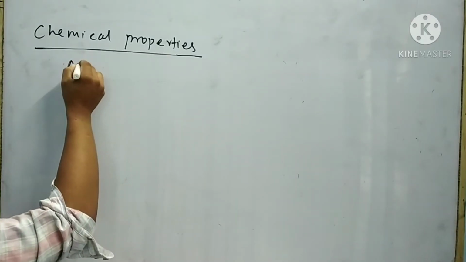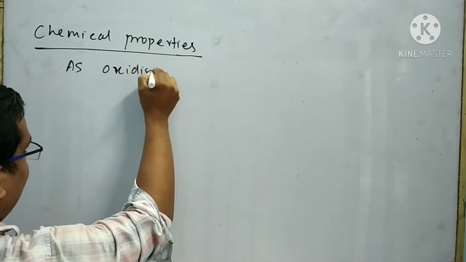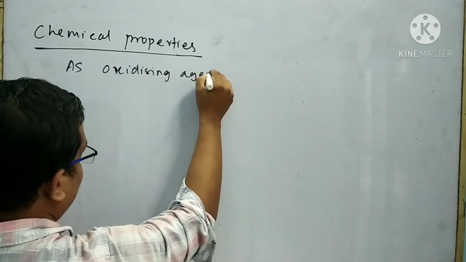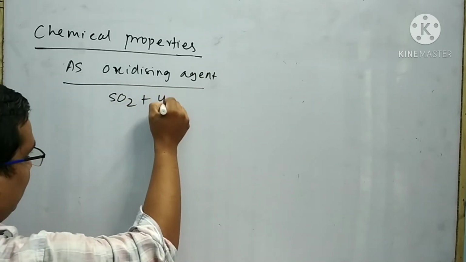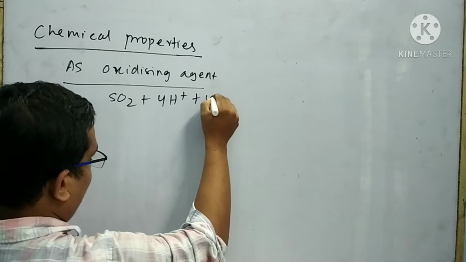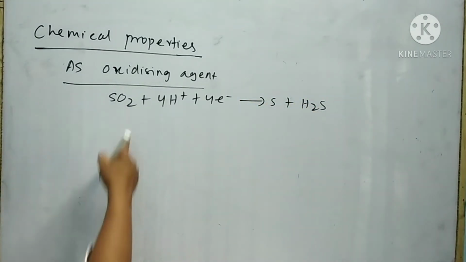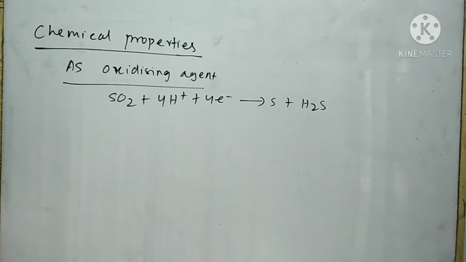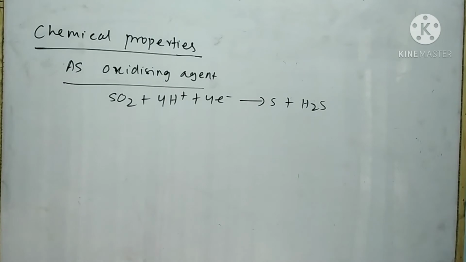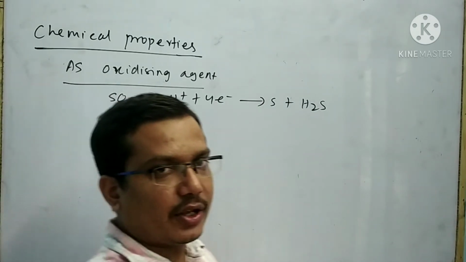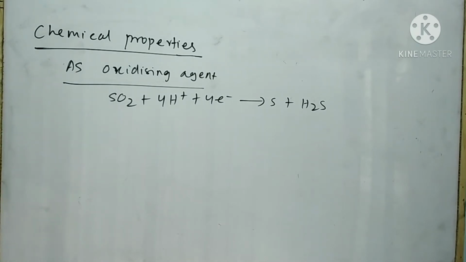Next I will explain how sulfur dioxide acts as an oxidizing agent. Now I will explain some reactions in which sulfur dioxide acts as an oxidizing agent.